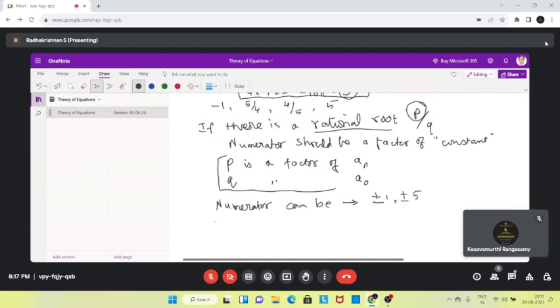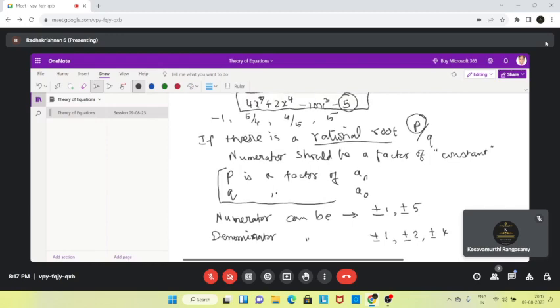And denominators are plus or minus 1, plus or minus 2, plus or minus 4. Very good. Option C is the correct answer. So minus 1 is minus 1 by 1, so that is possible. 5 by 4 is also possible. 4 by 5 is not possible. 5 is possible.